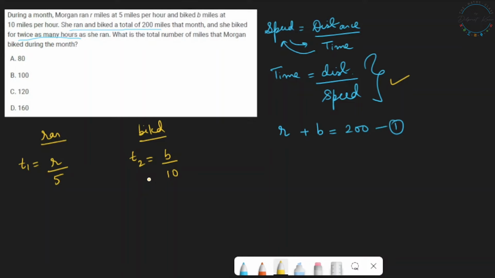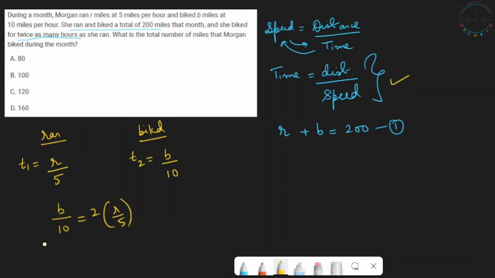So what should we do with these 2 times? What we have is she biked for twice as many hours as she ran. We just framed an equation with two variables: B over 10 is equal to 2 times R over 5.